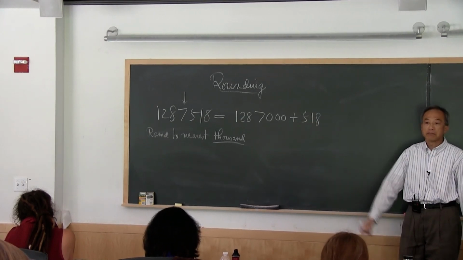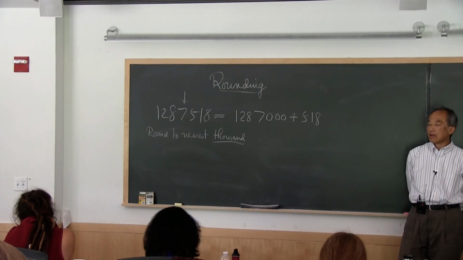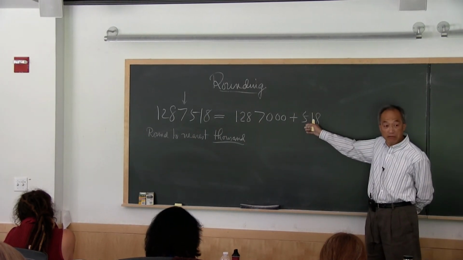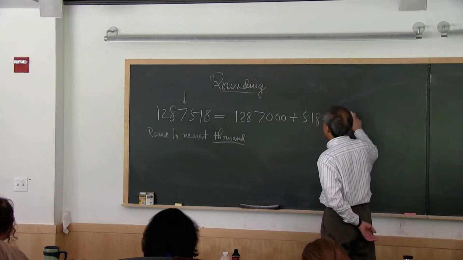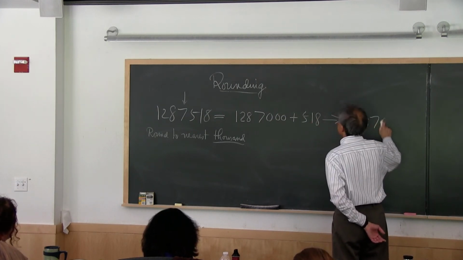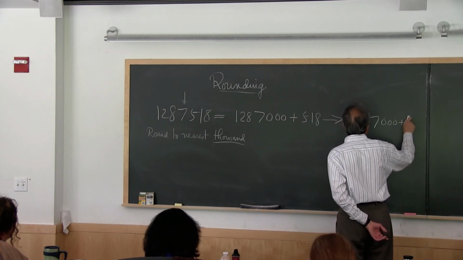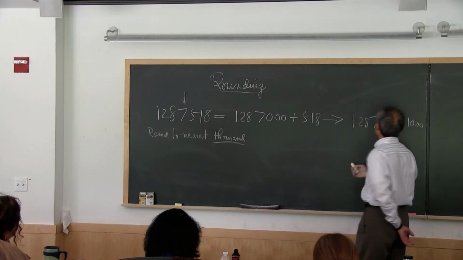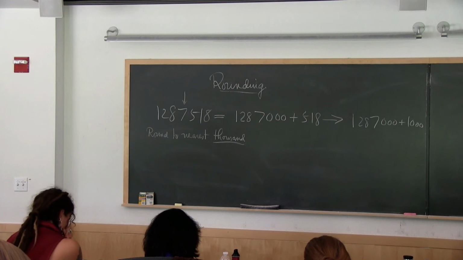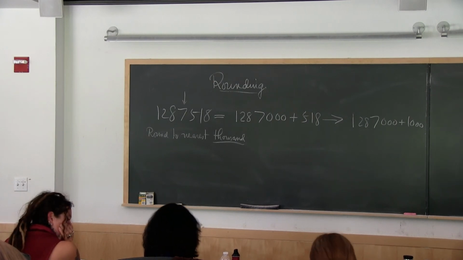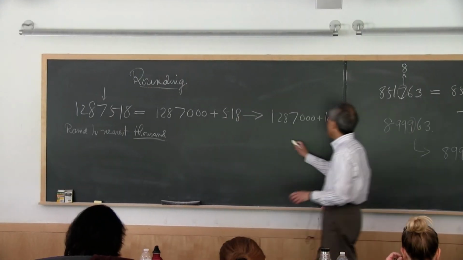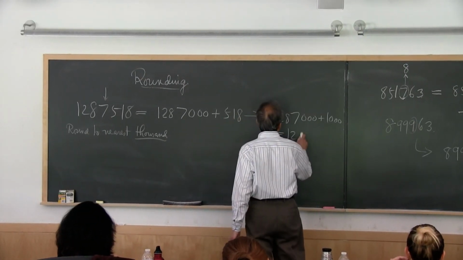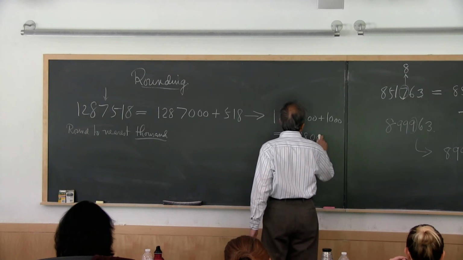The midpoint. Okay, so this bigger than 500. Therefore, it says that you're rounding it up to 1287000 plus 1000. That's the rounding rule. Okay? Then the rounded figure is 1288000.